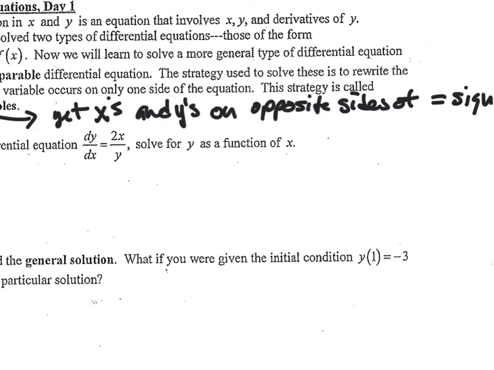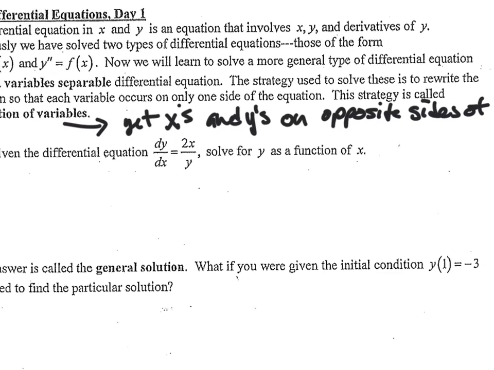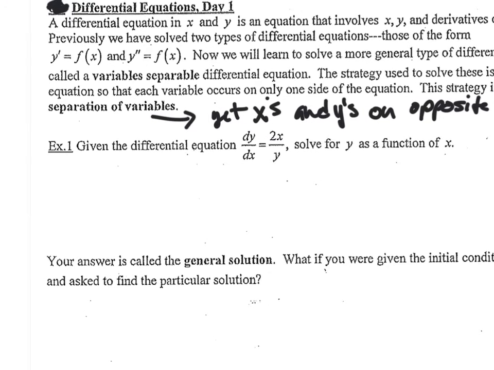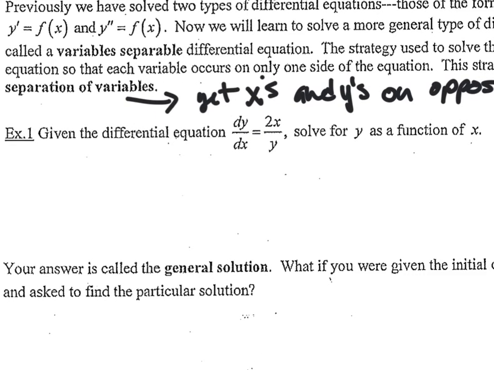Okay, and let's show you what's going on here with this differential equation. We want to solve for y as a function of x. Now, what we notice here is that this differential equation, dy/dx is equal to 2x over y, is not a function, okay?